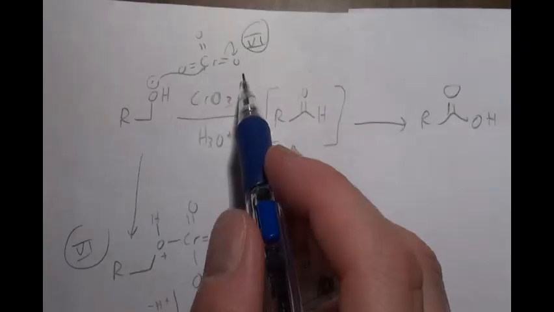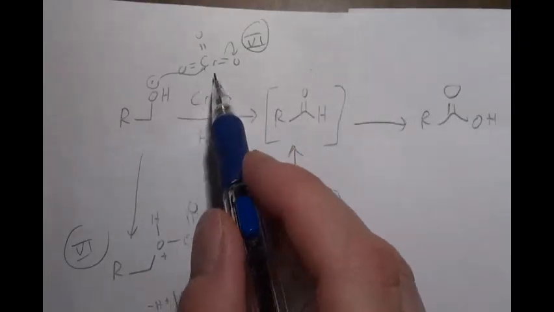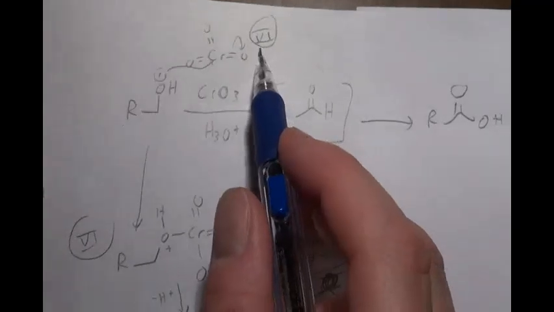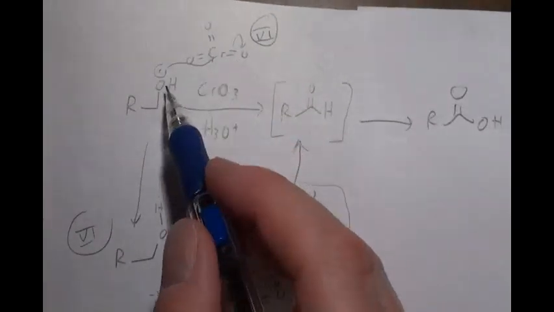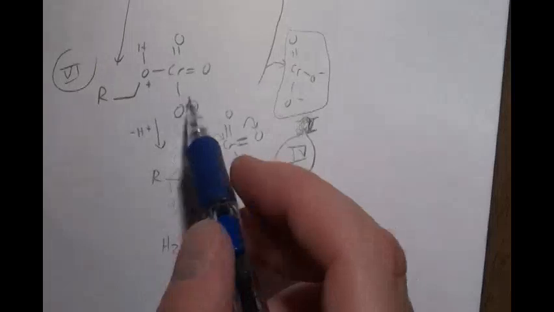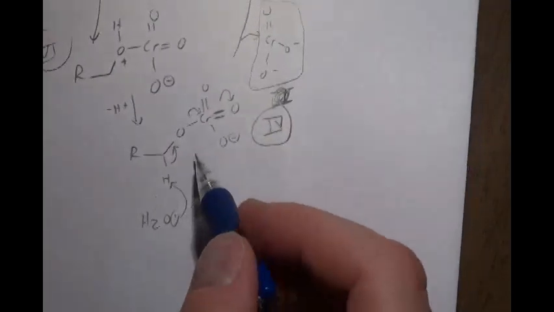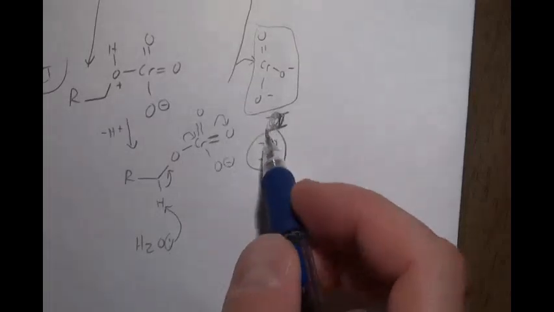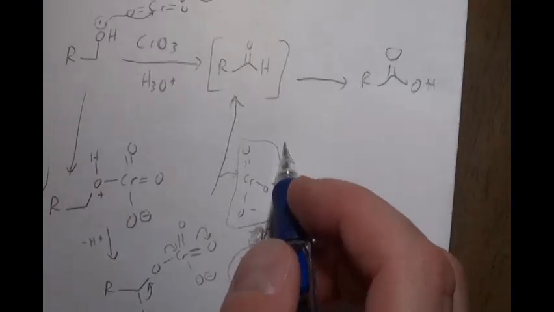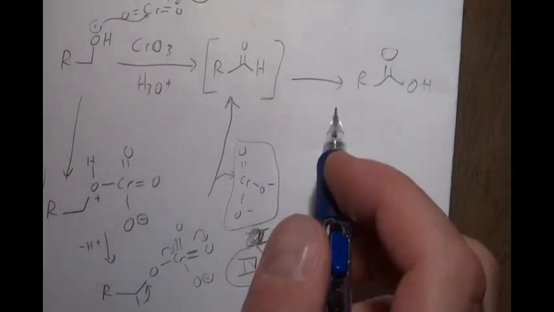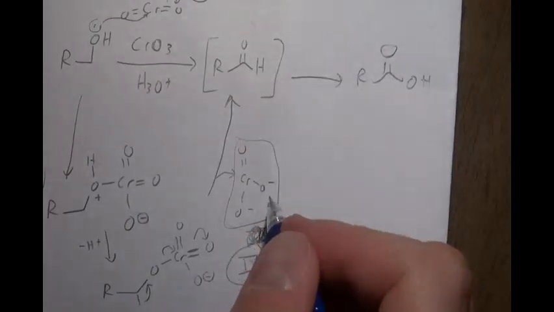Why chromium 6 is a good oxidizing agent. It's because it's kind of an unstable oxidizing agent. It doesn't like to be 6. It'd rather be a lower number, like 4. So oxygen attacks, lose proton, lose the CH, and then it goes from 6 to 4. And that's kind of the thermodynamic driving force for how chromium acts as an oxidizing agent.